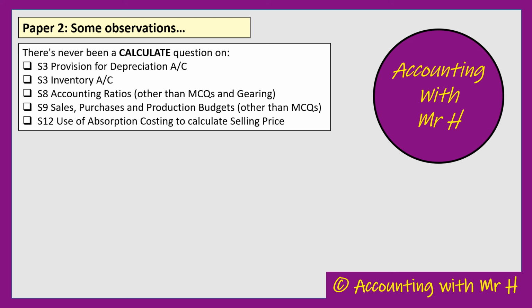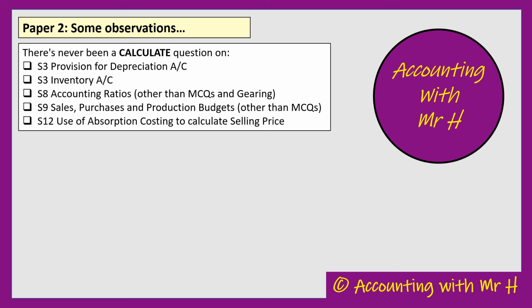Section 8, I've already mentioned about the accounting ratios, but again, other than calculating gearing and the multiple choice questions, is it time that they asked you to do some calculating of several accounting ratios. So making sure you know those formulas. In terms of budgeting, section 9, they've tested cash budgets twice, labour budget once, and a forecast of budgeted income statement and SFP once, only just last year.